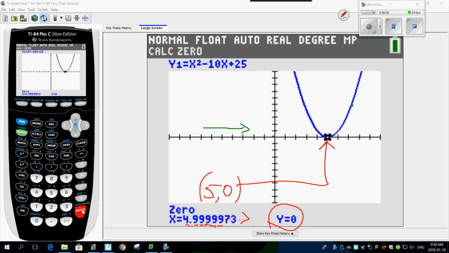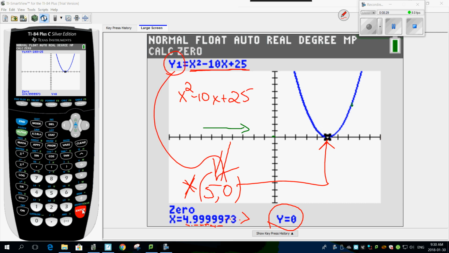Now, that's a point. What I drew here was a point. That's not officially a root. A root deals with just the x. Now, you're probably saying, well, why? Why is that? Well, look at the original equation. The original equation was x squared minus 10x plus 25, but because this has a y, it gives you the y value, which is 0.